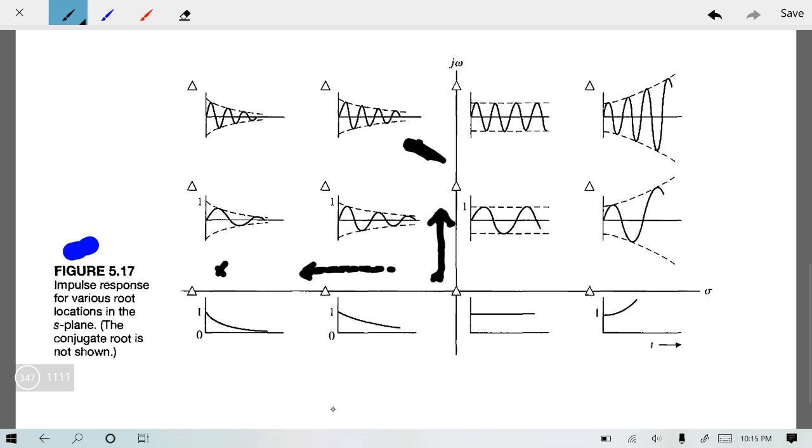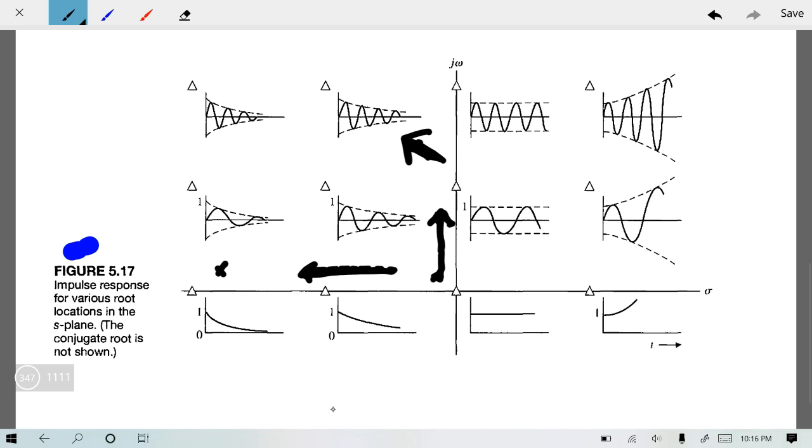Ripples increase when you move from the origin along the j omega axis, and if you move from the origin to the left, the ripples decrease, or you can say the overshoot decreases. The thing we should observe is that the overshoot is decreasing and the settling time is decreasing. There is no difference in settling time when moving from the origin upward along the j omega axis.